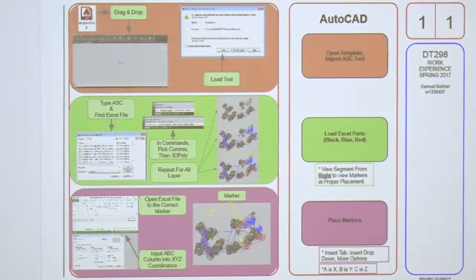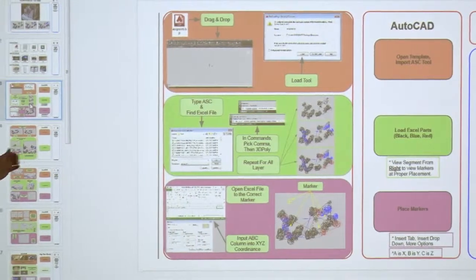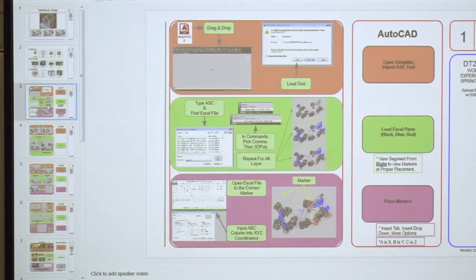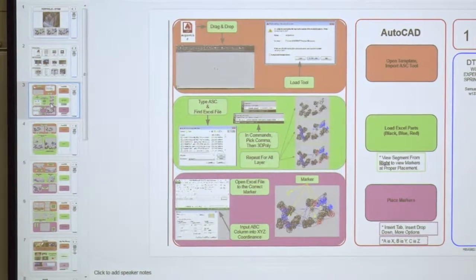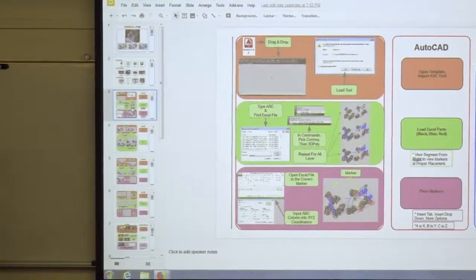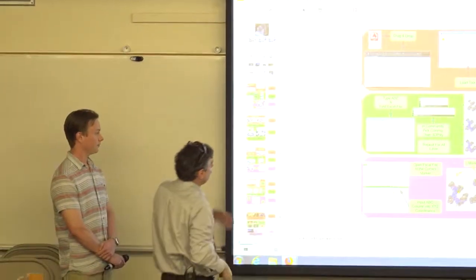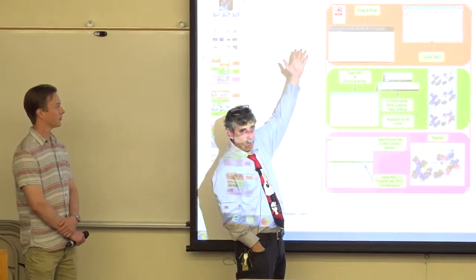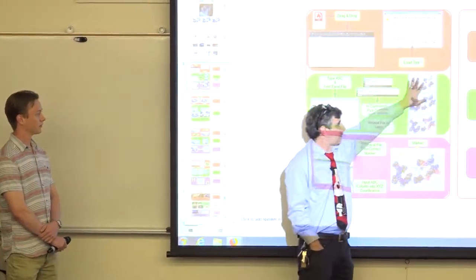We would start with drag and drop data that was a CSV file, comma separated values, just number, number, number, and each number had a color that represented what type of molecule it was. And we wrote a program that would call a Lisp routine that would place all those points.